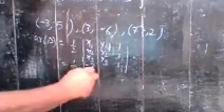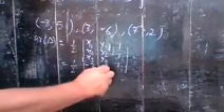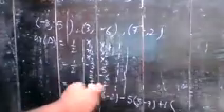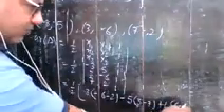Now putting in the values: 1 by 2 determinant with rows -3, 5, 1; 3, -6, 1; 7, 2, 1. Expand it with respect to R1. So that is equal to 1 by 2 [-3 into (-6 minus 2), minus 5 into (3 minus 7), plus 1 into (6 plus 42)].